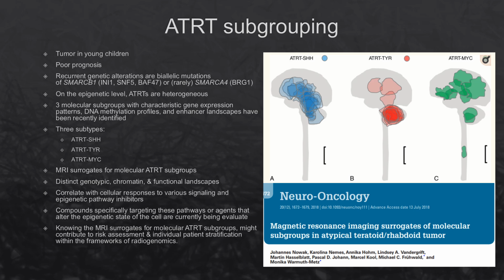And these have distinct genotypic, chromatin, and functional landscapes. Knowing the MRI surrogates for these subgroups might contribute to risk assessment and individual stratification within frameworks of radiogenomics. So we're currently looking at some kind of radiogenomic markers for ATRT.